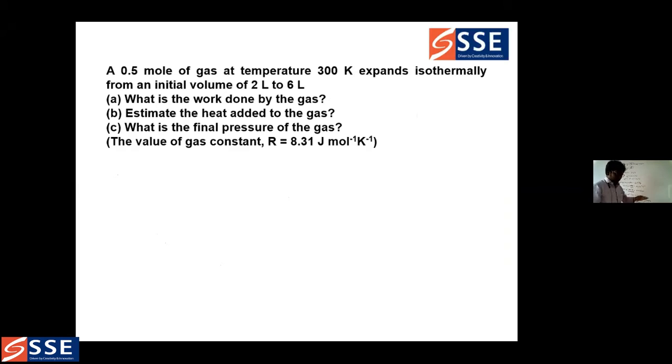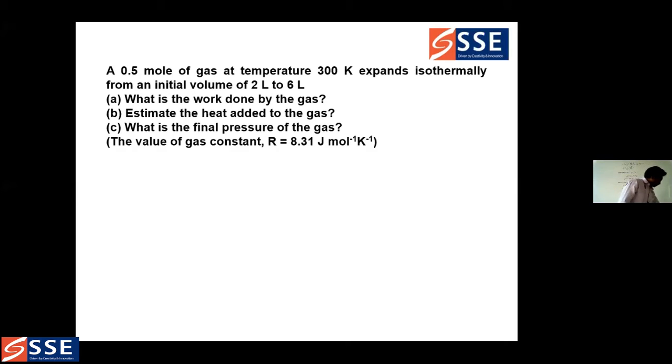It expanded from 2 liters initially to 6 liters, meaning Vi is 2 liters and Vf is 6 liters. They are asking: what is the work done by the gas?